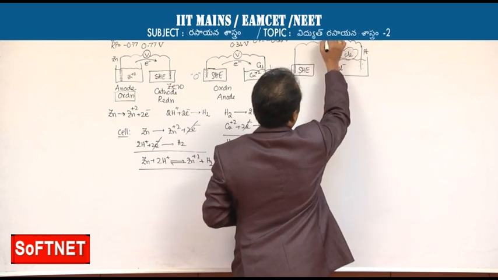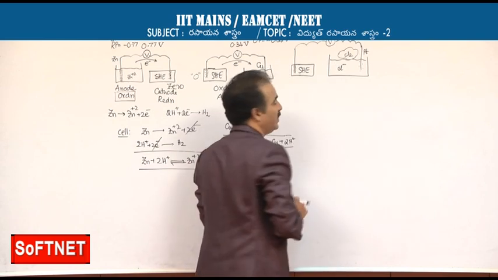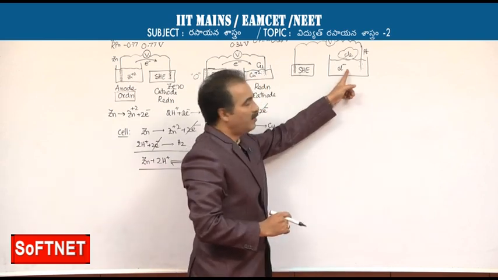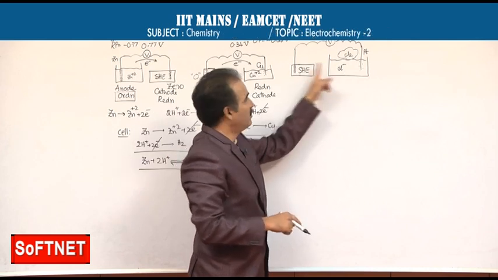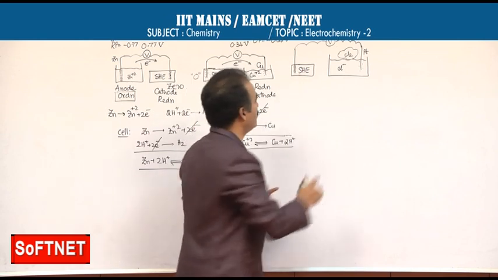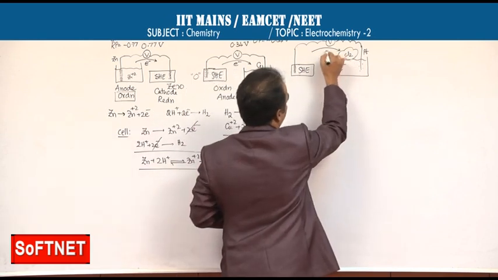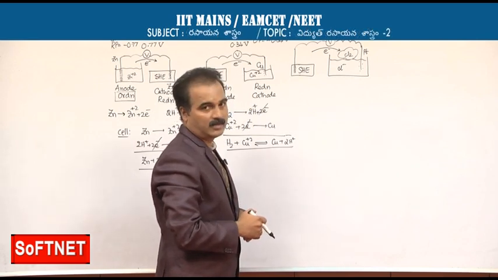How can we say? Let us suppose this is 0.75 volts. What is the meaning? The potential developed at chlorine electrode is 0.75 volts lesser than the potential developed at standard hydrogen electrode. That's why electrons go from hydrogen electrode to chlorine electrode.